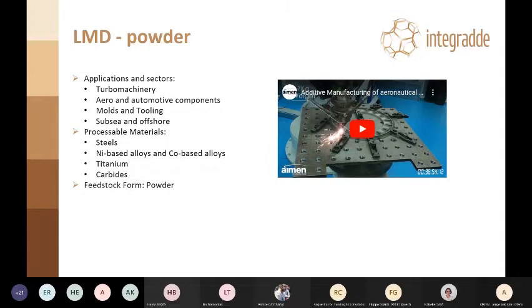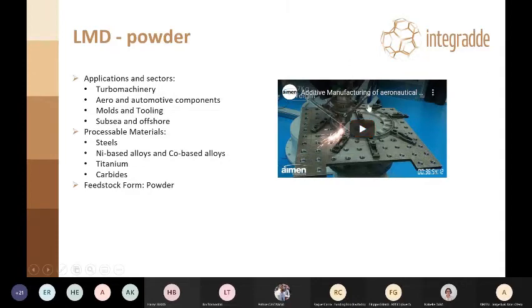Although you have to take into account that some of these materials will need some post-heat treatment. For example, some nickel superalloys or even some titanium alloys should undergo a post-heat treatment to achieve the required mechanical properties.